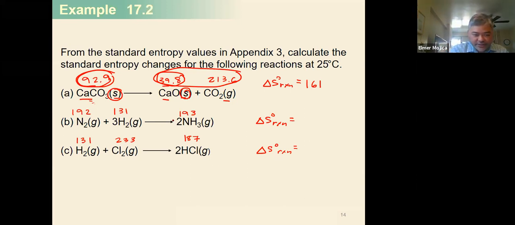You have this multiplied by 2, subtract by this, plus this one multiplied by 3. So what's the value that you get there?